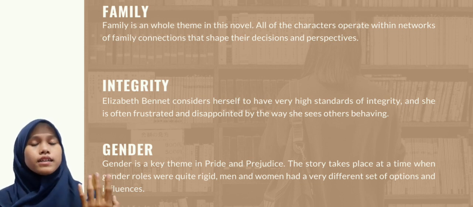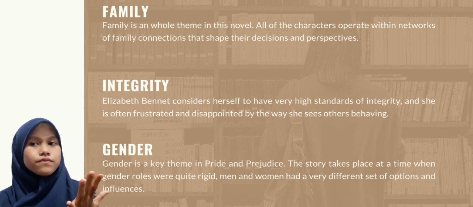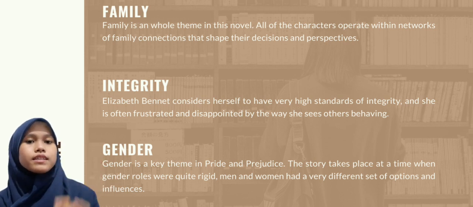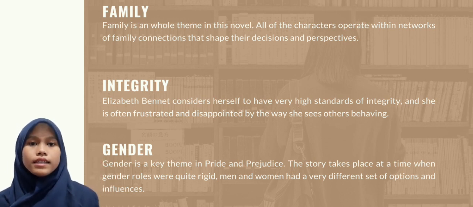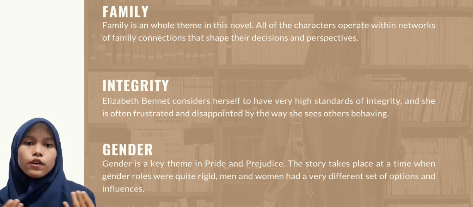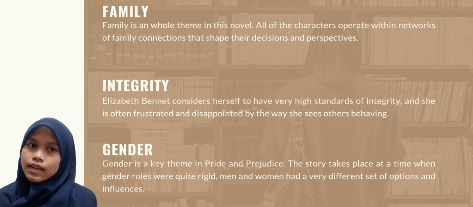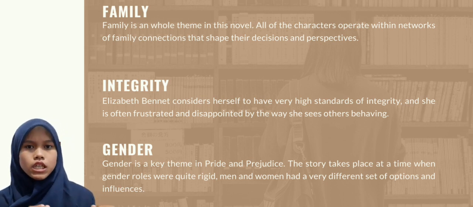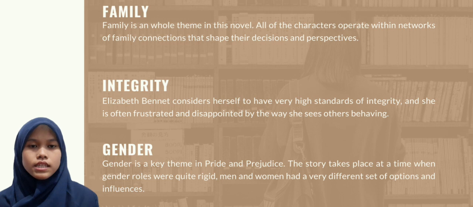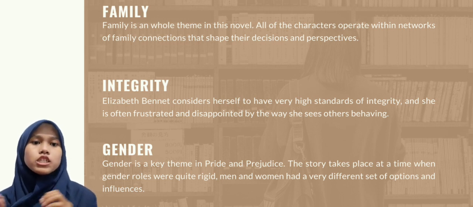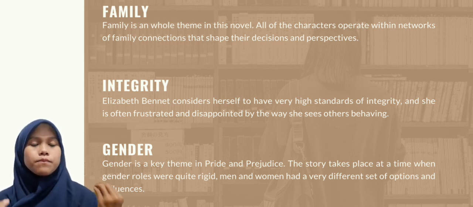And then the fifth, integrity. Elizabeth Bennet considers herself to have very high standards of integrity, and she is often frustrated and disappointed by the way she sees others behaving.